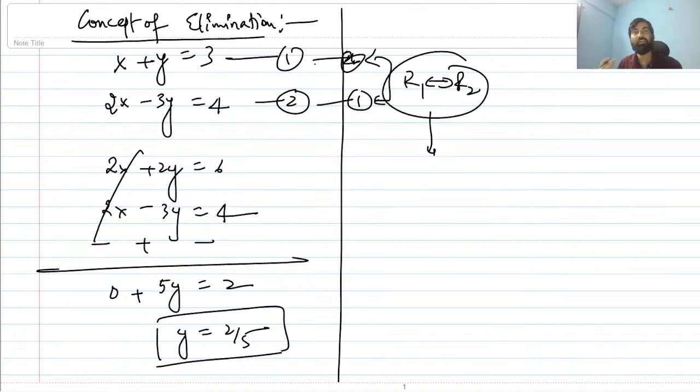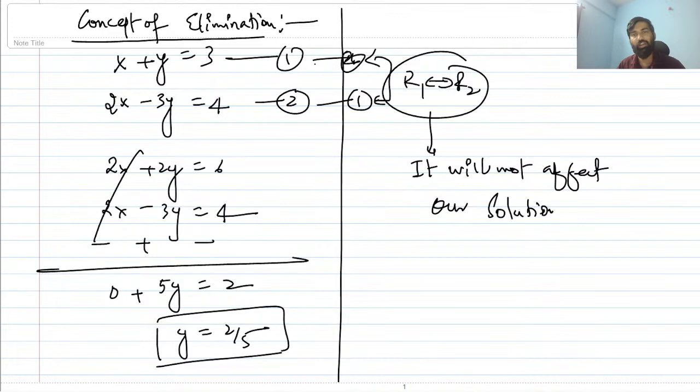But whether these elementary operations will affect your solution or not, they don't know. So if you are swapping R1 and R2, it will not affect our solution. The values of x and y will be the same.